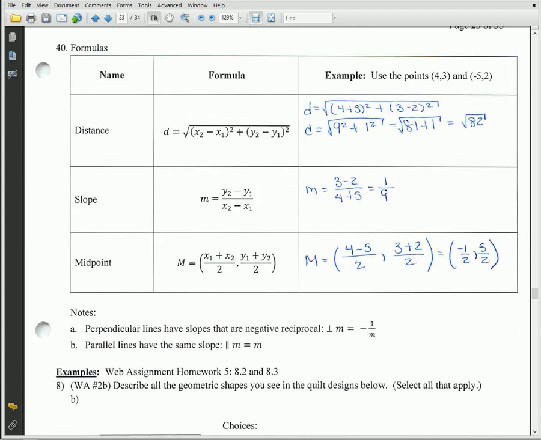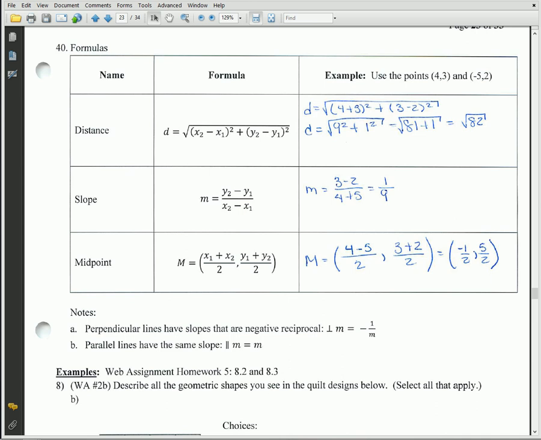Other formulas you need to know: the distance, the slope, and the midpoint. There's the distance. It's the square root. So if you go back, if I were to square the d in the distance formula, notice that that is the equation of a circle, where the center would be x1, y1.